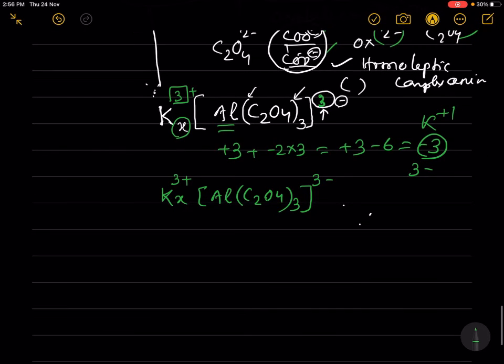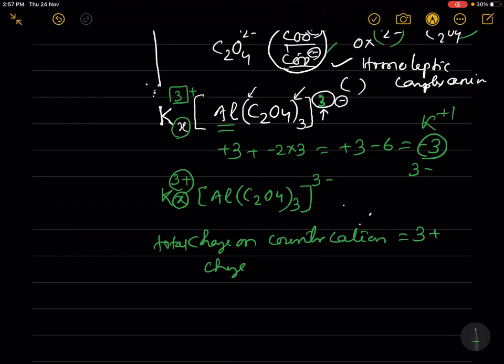When it is 3 plus, I can find the value of x over here. How? You see, the total charge on counter cations is how much? 3 plus.